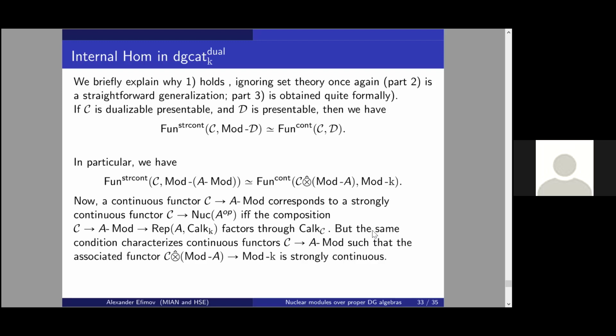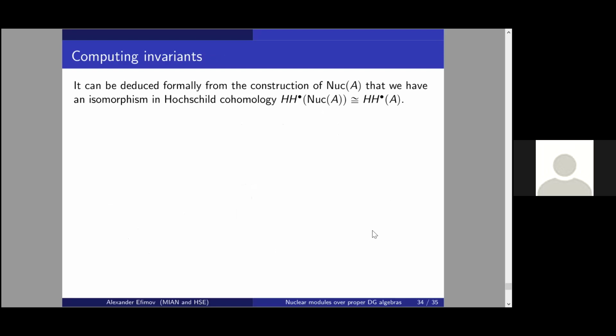And the same condition characterizes continuous functors from C to A modules such that the associated functor is strongly continuous. Yeah, I mean, you really need to check here what's going on, but that's how it works. So this shows this assertion that nuclear modules over A opposite are given by internal Hom.